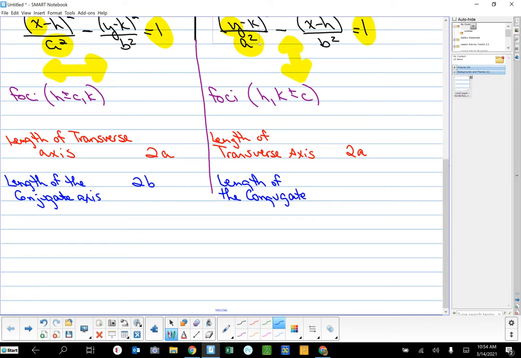Yeah, that looked funny for a minute. Axis is 2b. And the other thing you need to know for these is that c squared equals a squared plus b squared. So that's different. In an ellipse, it was a squared minus b squared, right? And a squared was always bigger. In this one, a squared is not necessarily bigger than b squared. And I mentioned that before.